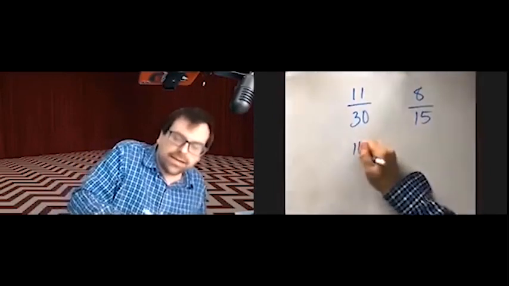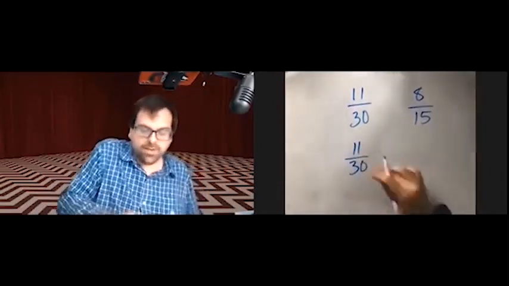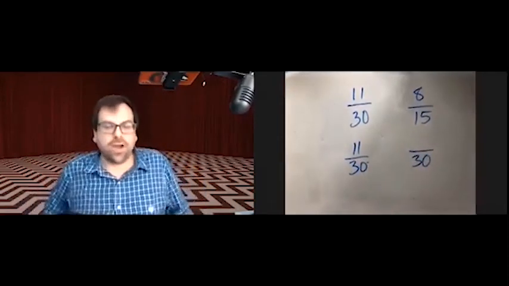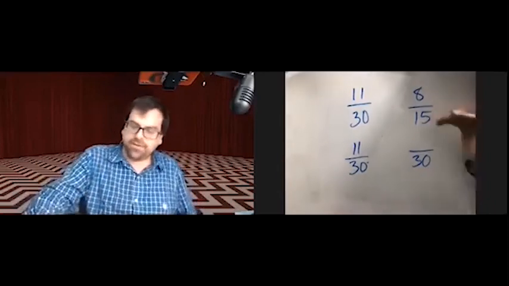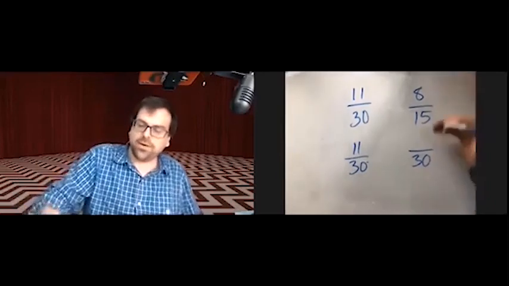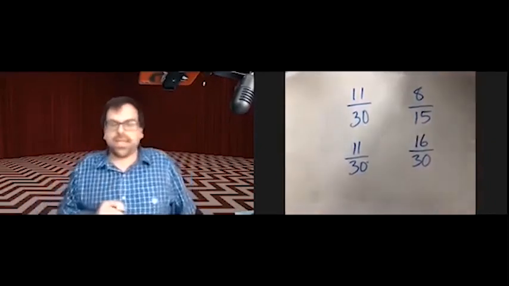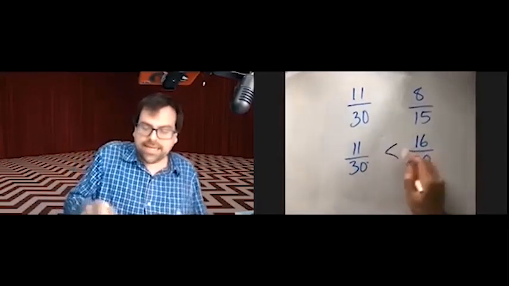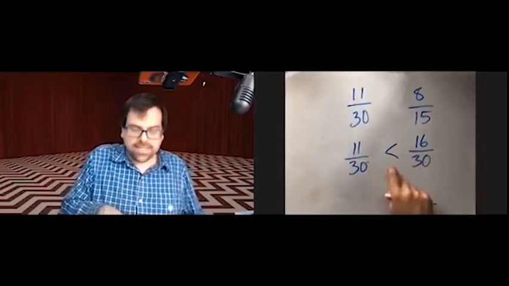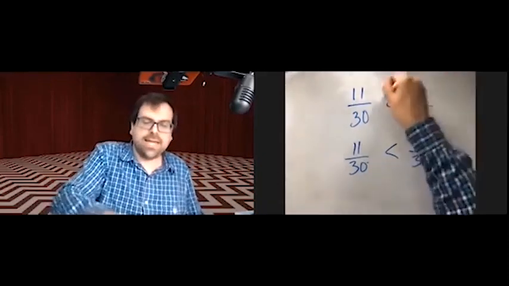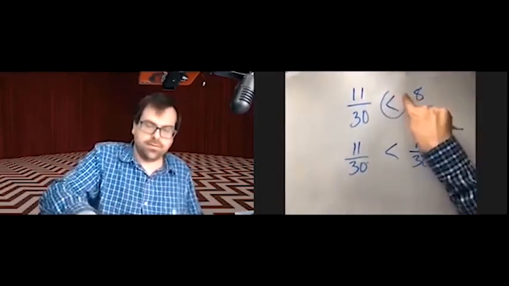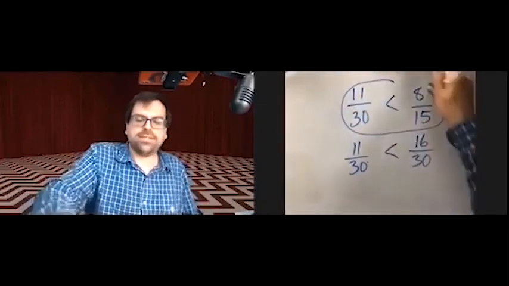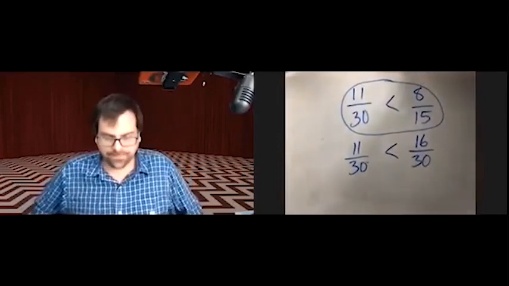Because in reality, when we get the common denominator and we write the equivalent fraction for 8/15, 15 times 2 is 30, so 8 times 2 is 16. We see that 16 is the bigger number. So this is less than. 11/30 is less than 8/15.